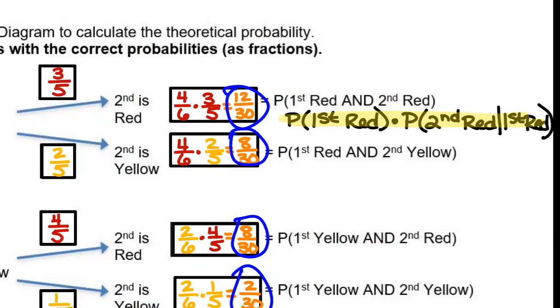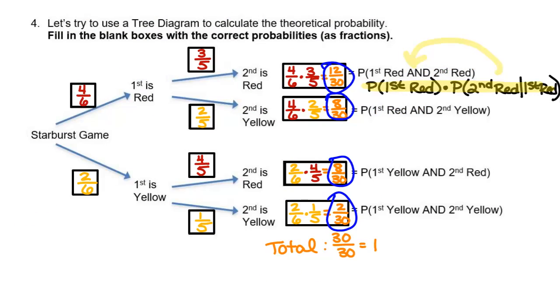This right here is how we calculate the and. For independent events, I just do probability of first red times probability of second red. When they're not independent, this has to be a conditional probability.